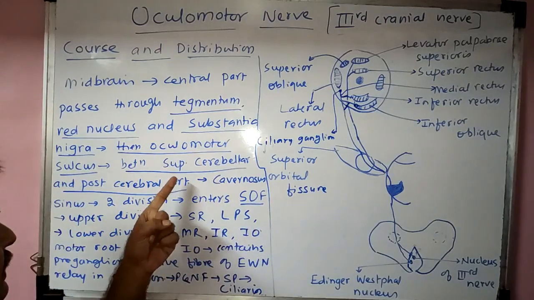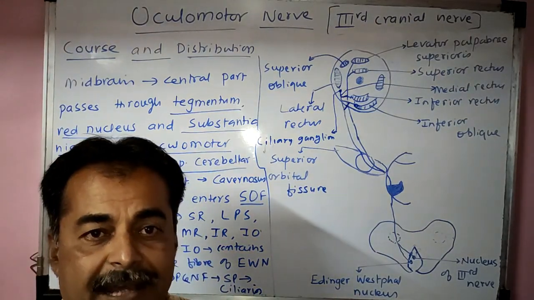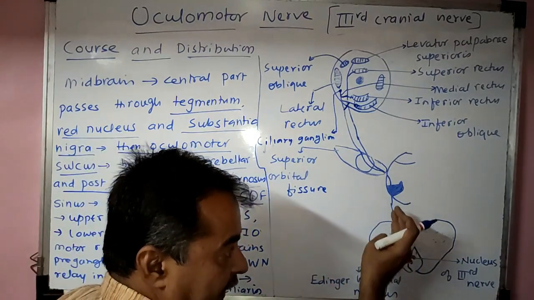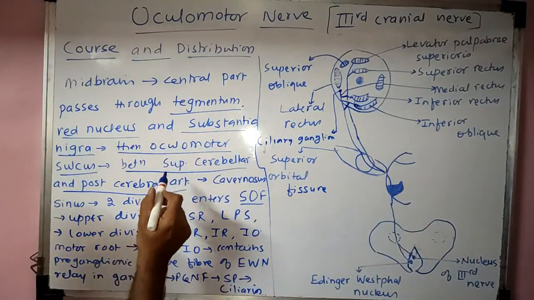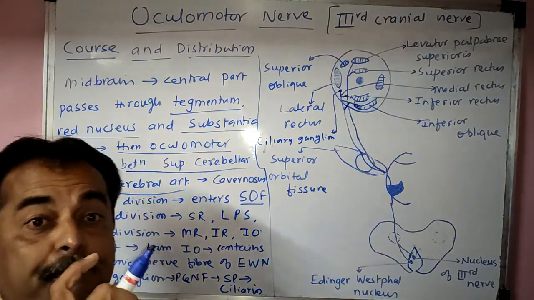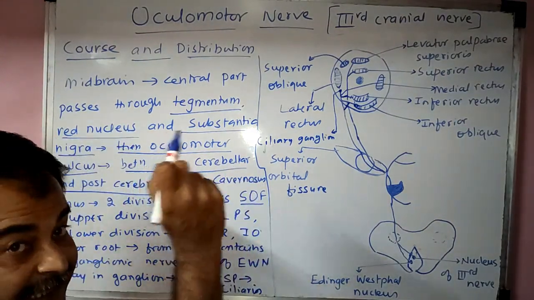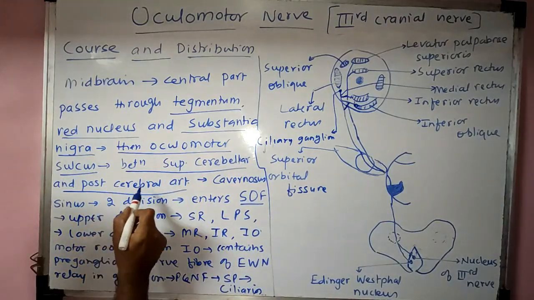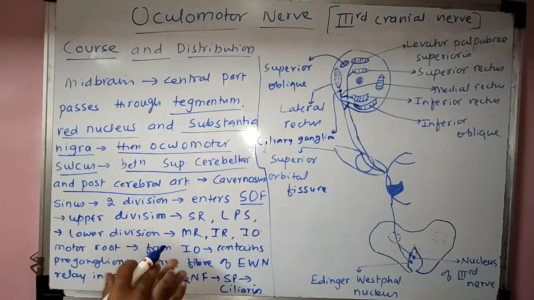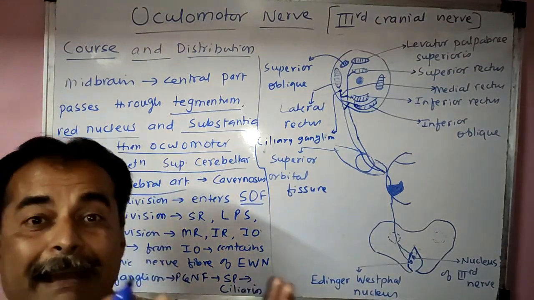These are the branches of the basilar artery. This is the superior cerebellar artery and this is the posterior cerebral artery. So it passes in between both arteries, and both are branches of the basilar artery.